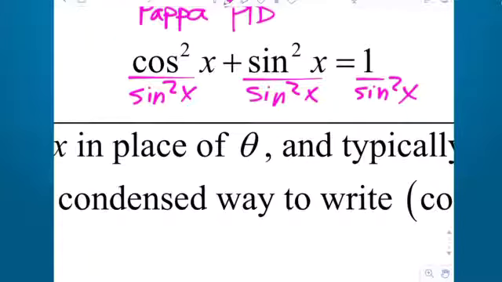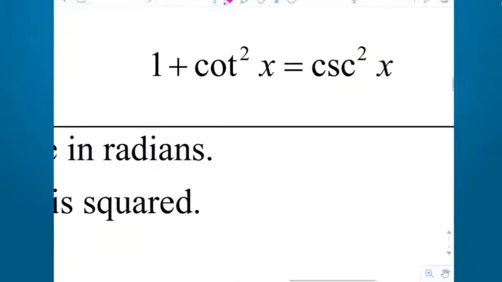And then what's 1 over sine squared? Cosecant squared. There's baby Pid number 2. 1 plus cotangent squared is equal to cosecant squared. So you can write cotangent squared and cosecant squared in terms of each other. In fact, cosecant squared minus cotangent squared is equal to what? 1 as well.